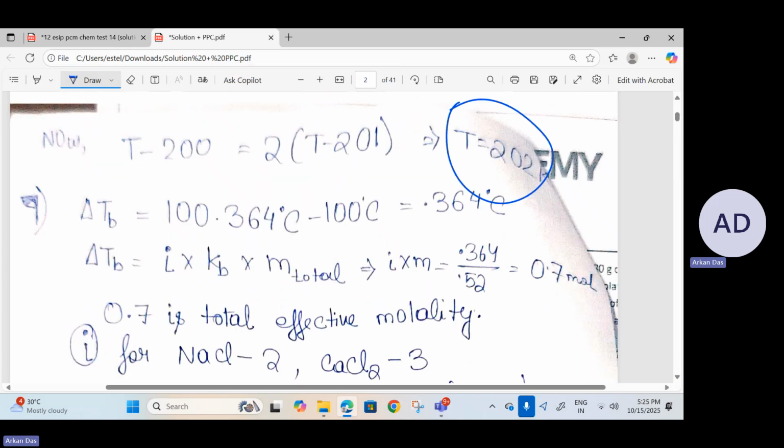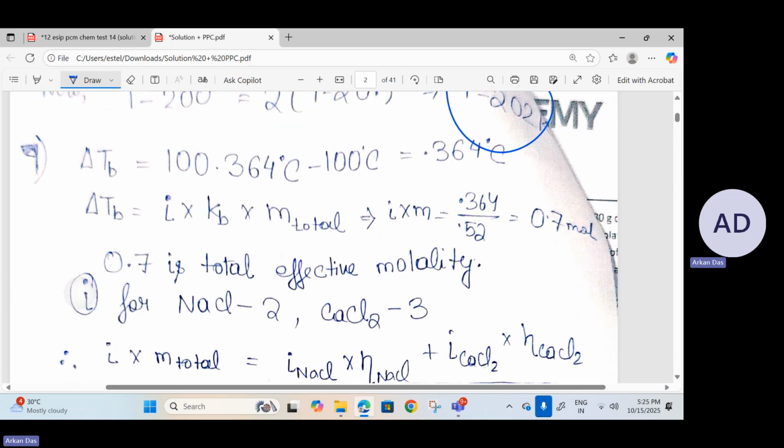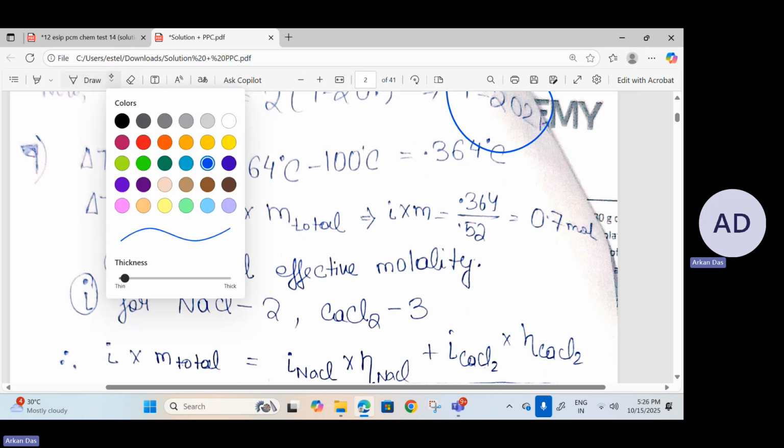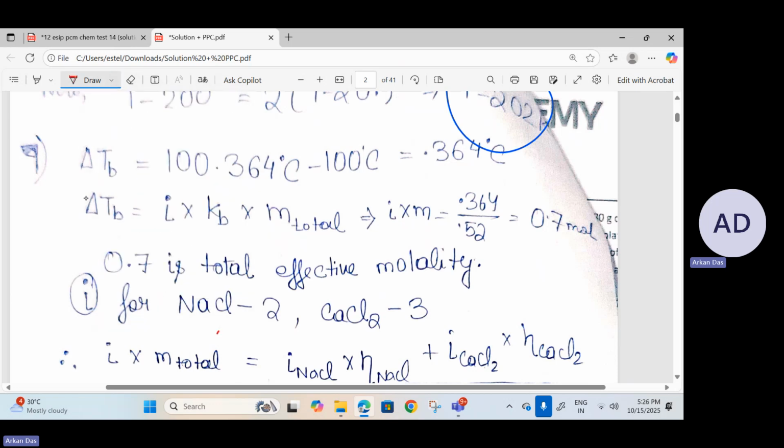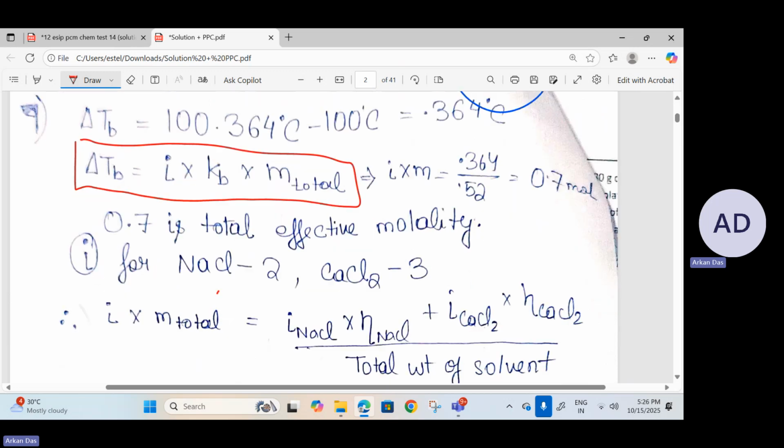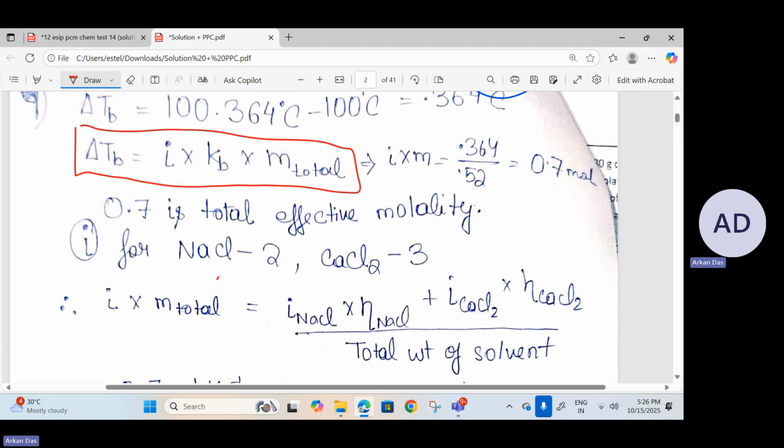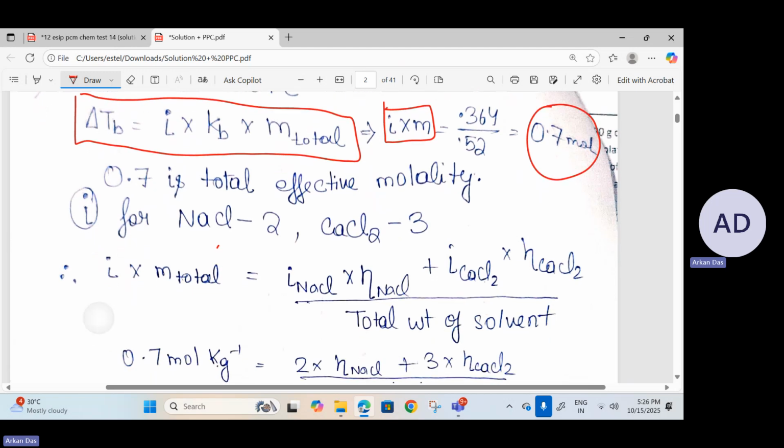For example, if we take the formula of delta TB, what is the formula of delta TB? Delta TB equals KB into m. Now here, the m value is going to come as i into m, which comes to 0.7 mole. Students, whenever it is i into m, this is not only molality, it is total effective molality.